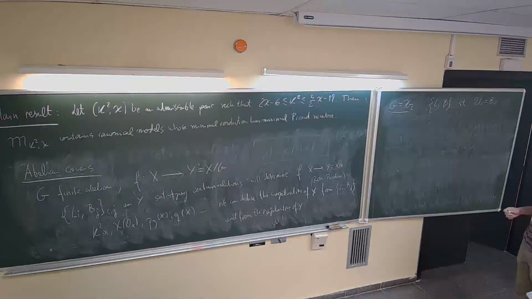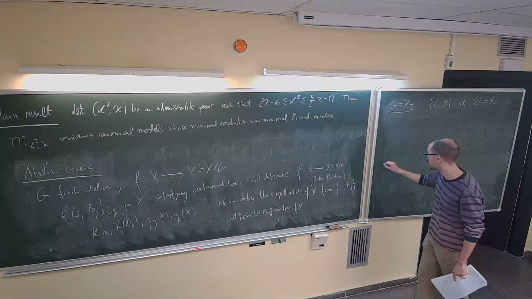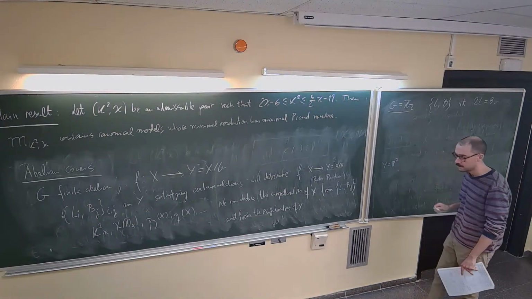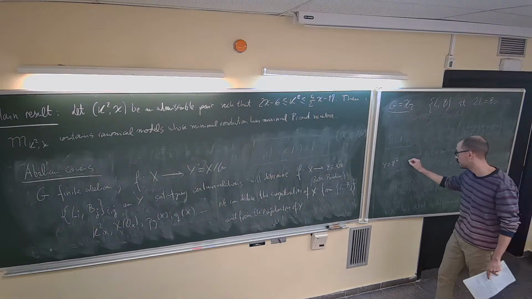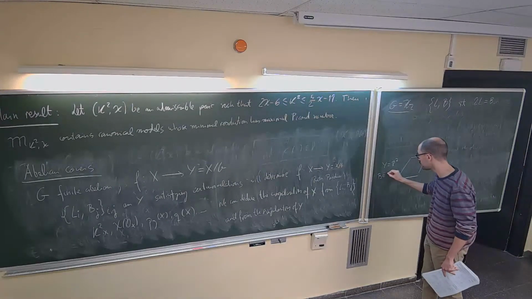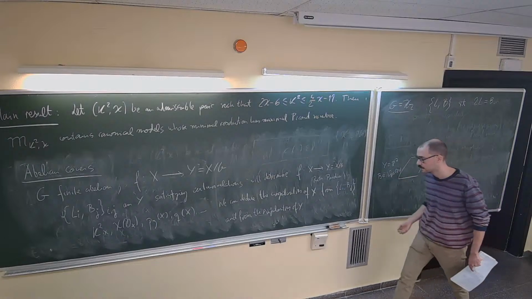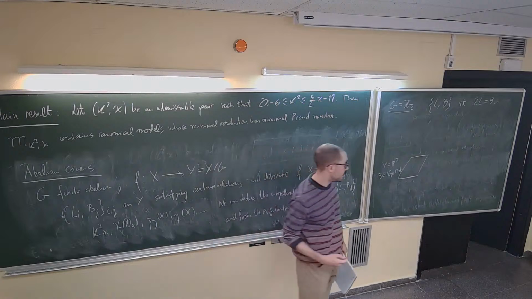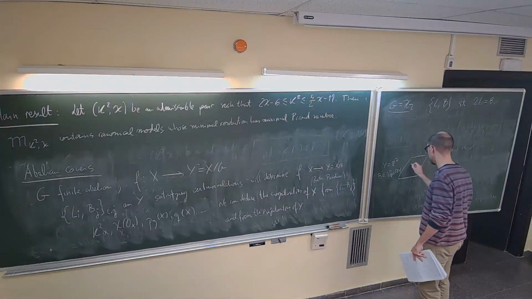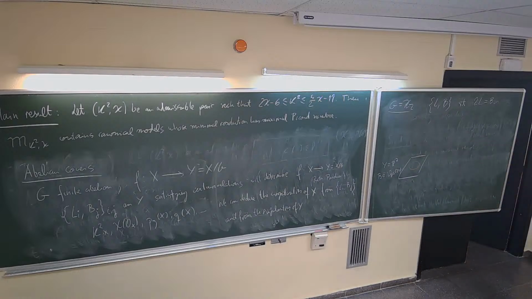I am going to talk about a very easy example for you to have some intuition about this theory of abelian covers. So, for instance, we can start with P2, the projective plane, okay, and we can just consider a smooth conic as the branch locus of this abelian cover.